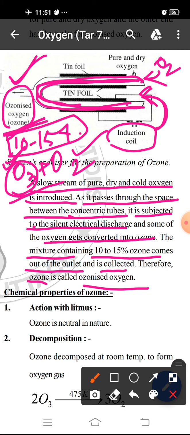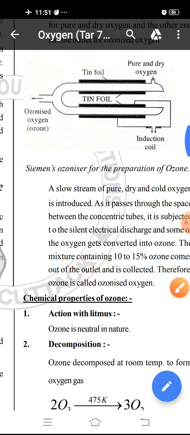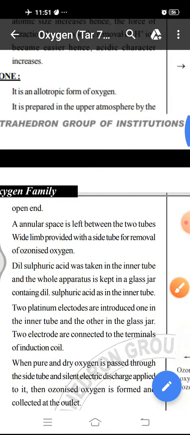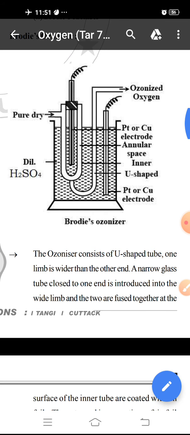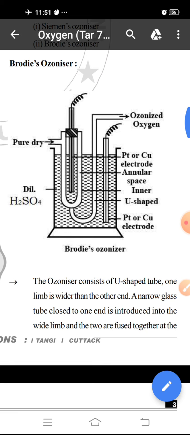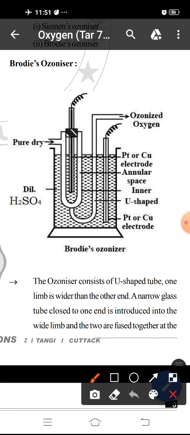Then comes another ozonizer, that is Brody's ozonizer. Let us see how Brody's ozonizer works. This is the diagram of Brody's ozonizer.